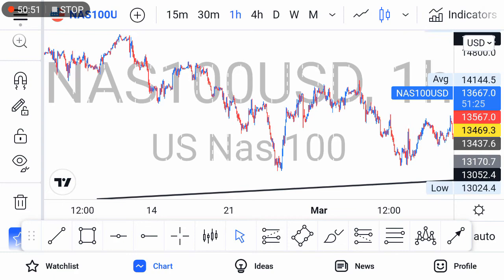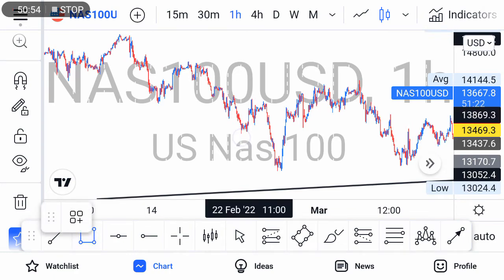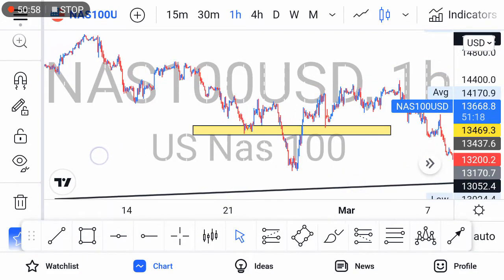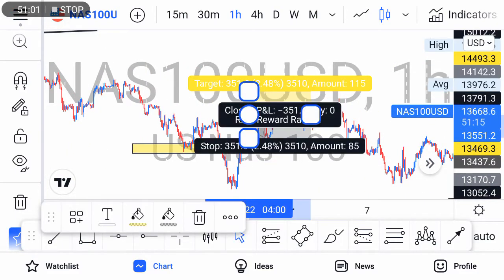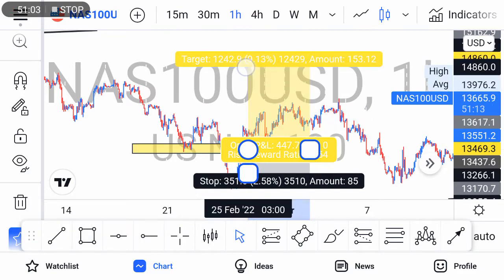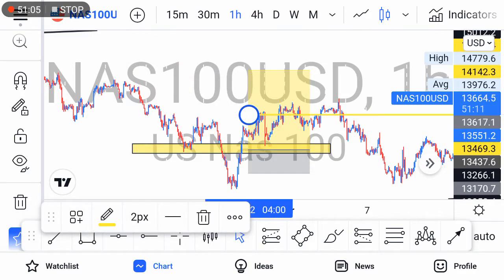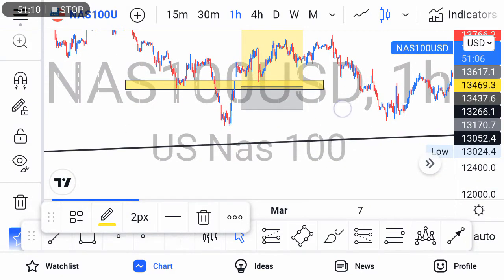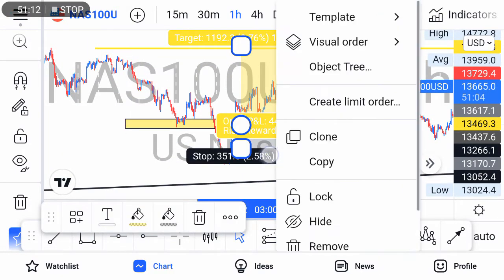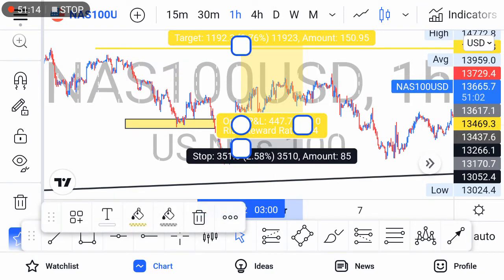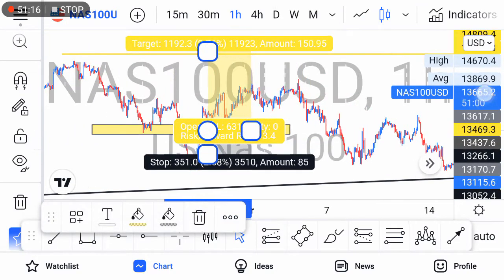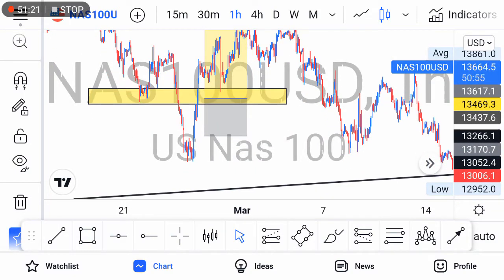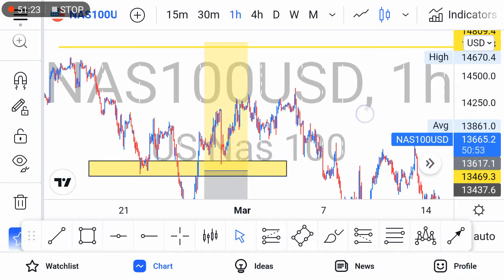Let's check here. Here's our zone, and here's our touch on the trend line. We enter. We know once we see this pattern, we don't hesitate. We just enter, because now price is on our weekly trend line, and we say, okay, it didn't go to our target.